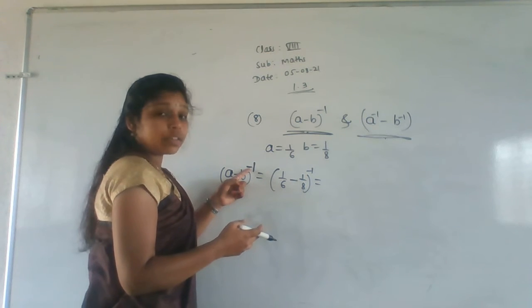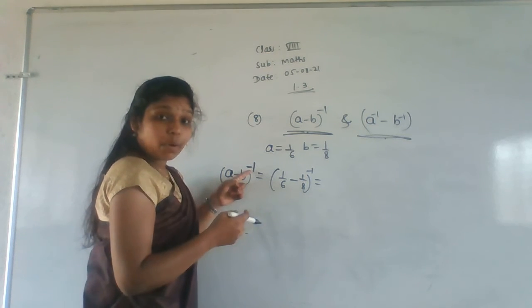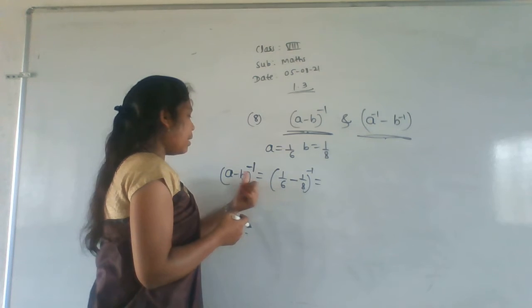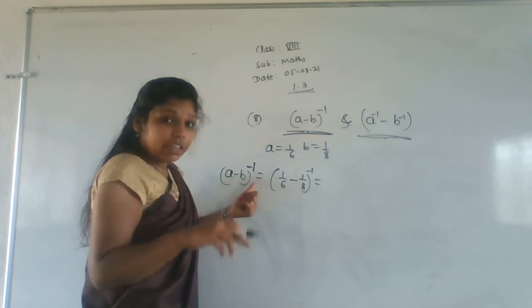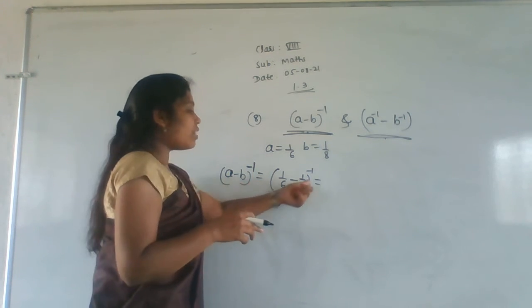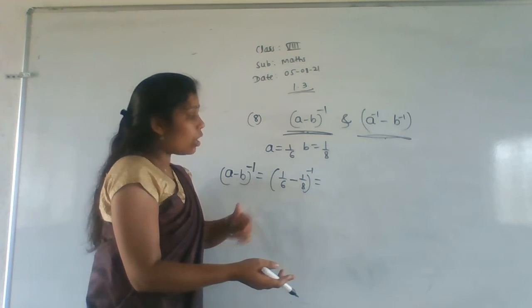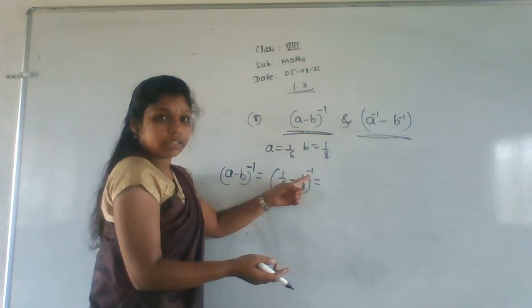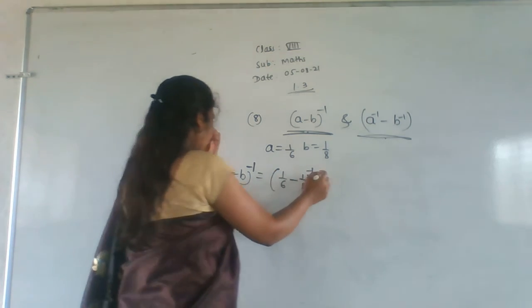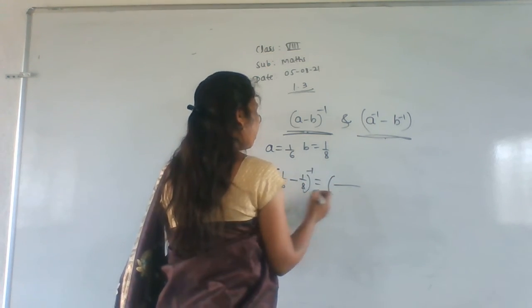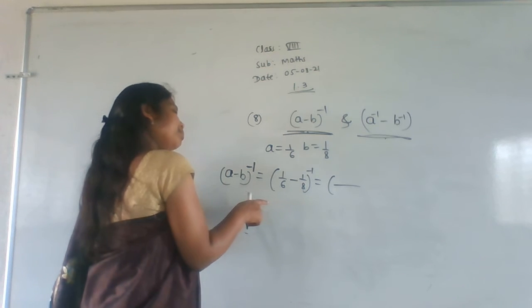This minus one is called the reciprocal here. Whole inverse means whatever value you get inside the bracket, you have to take the reciprocal of that number. That is the meaning of this. Okay. So here first simplify the bracket. What is the LCM here?